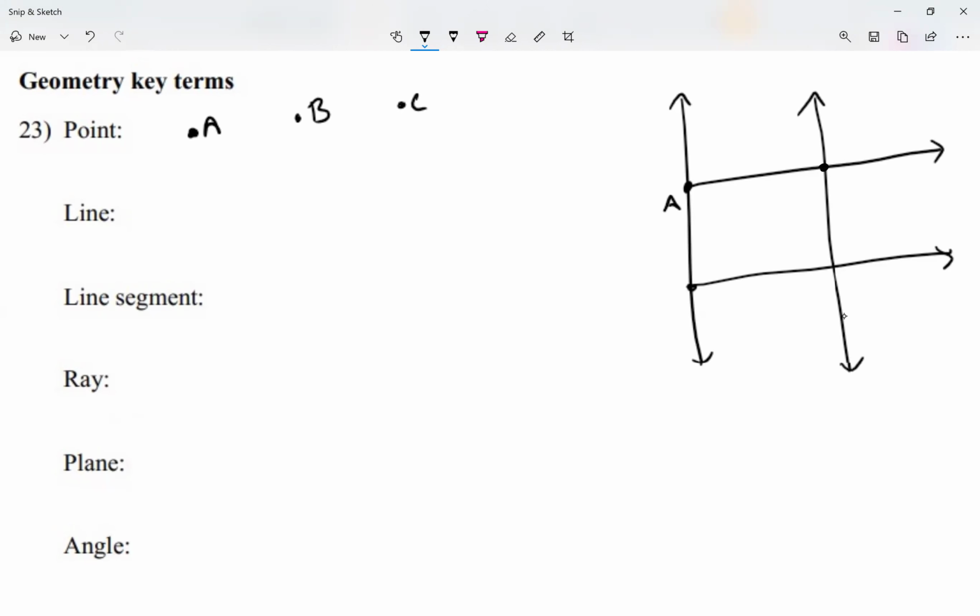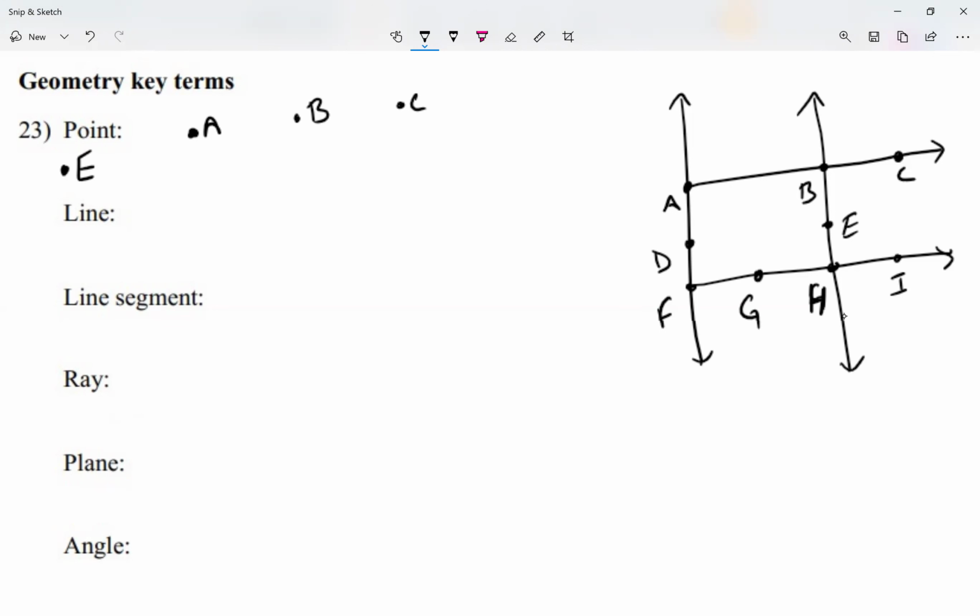There's point A, point B, point C, point D, point E, F, G. Let me call this H, and there's I. So I could use point A, or just any point. I'm going to call this, let's say, point E. For a point, I could use any of them. Notice I'm only using one letter.